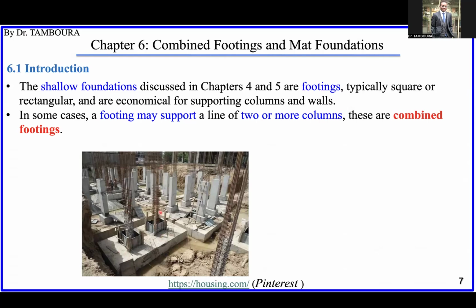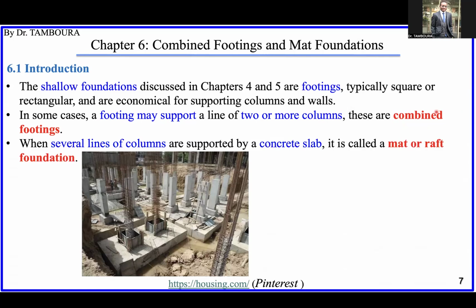Okay, you can see many examples here. This is a photo, not a drawing, so it will be easy to understand. So if you see this, this is what we call combined footing.